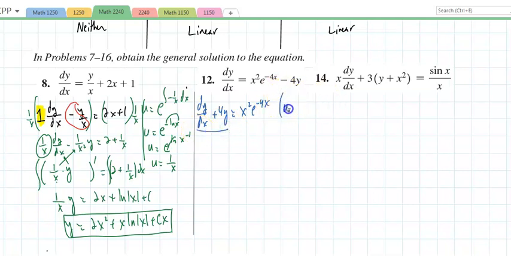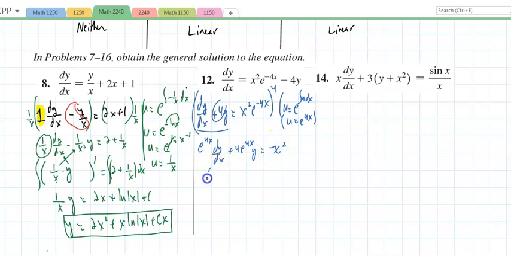So u is going to equal e to the integral of simply 4 dx, u equals e to the 4x. And now if I multiply this by u, this will be e to the 4x dy/dx plus 4e to the 4x y equal x squared.